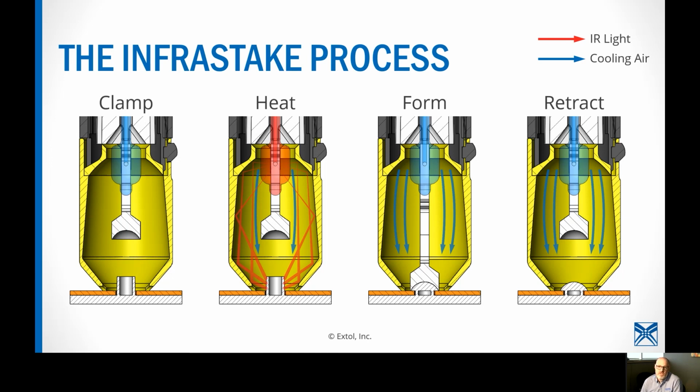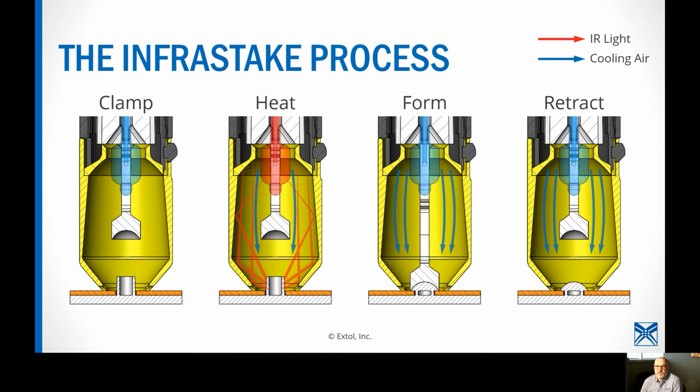InfraStake is unique in the staking industry in the respect that the module itself is used as the clamping device. That does a couple things for us. One, it makes sure that we have a tight joint at the staking location, and it eliminates the need to include auxiliary clamping in your part. So step 1 is we clamp the parts together in the InfraStake module.